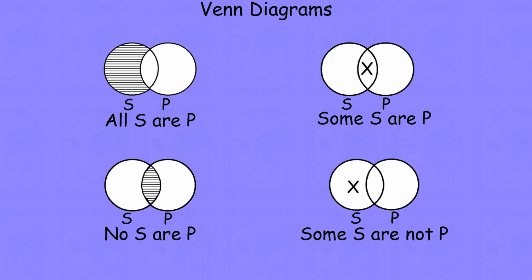And we said, well, we're being good Booleans, so we don't know if there are any members of our subject class. We don't know if there are any members of our predicate class. But if this statement, all members of the subject class are members of the predicate class, is true, then what has to be true at minimum is this area right here. I'm a subject. I'm not a predicate. That would have to be empty because every member of the subject class is included in the predicate class.